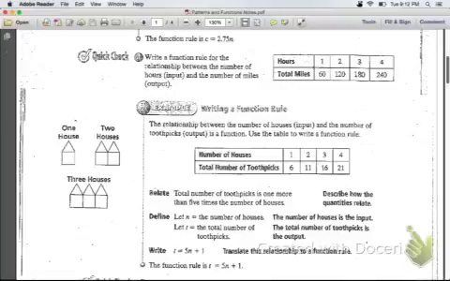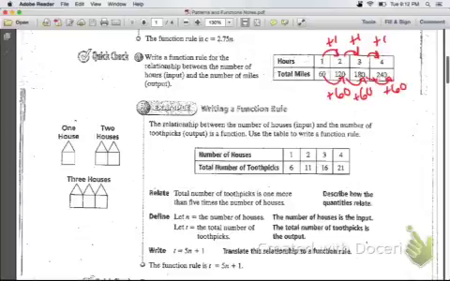So the hours are increasing by 1, and it looks like the total miles are increasing by 60, so you have a similar situation.